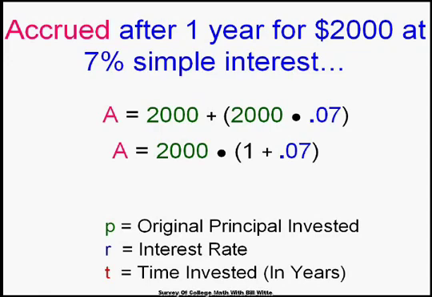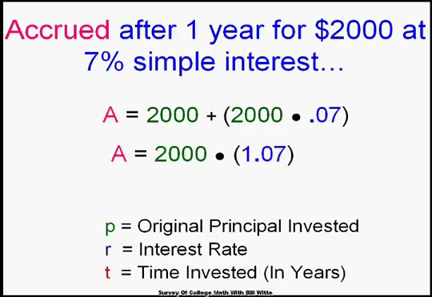I don't want to write 2,000 twice. It's going to be 2,000 times 1, the original amount, plus the interest rate. So you're going to be seeing this 1 throughout the whole rest of the class because you get your original money back. Well, you're going to see 1.0 whatever the interest rate is. Okay, so get used to seeing that 1 because you get your original money back. And that, of course, would be the amount you would get.